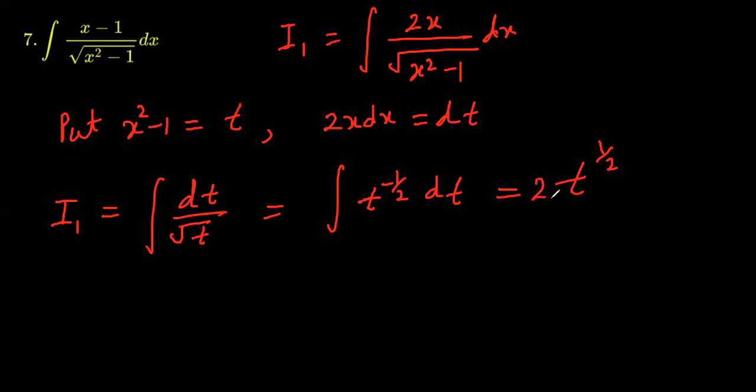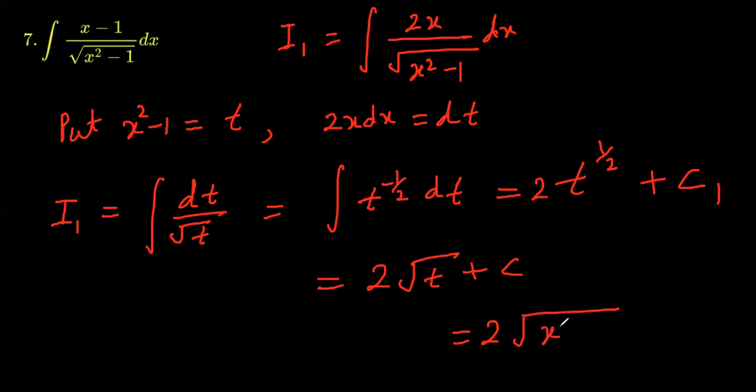Divided by half means multiplied by 2. So 2t to the power half plus c, and we can say c1 since it is I1. Replacing the value of t, I1 would look like 2 times the square root of x squared minus 1 plus c1. So this is the value of I1.